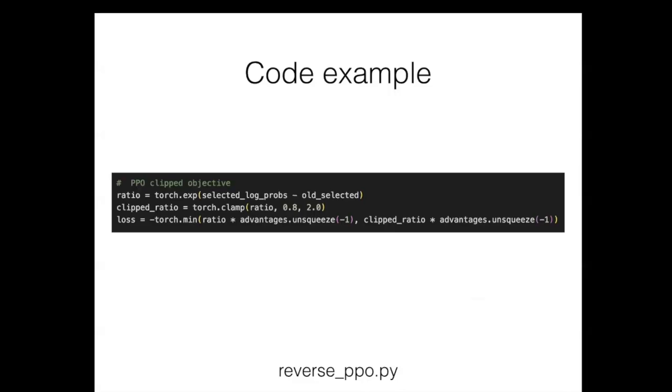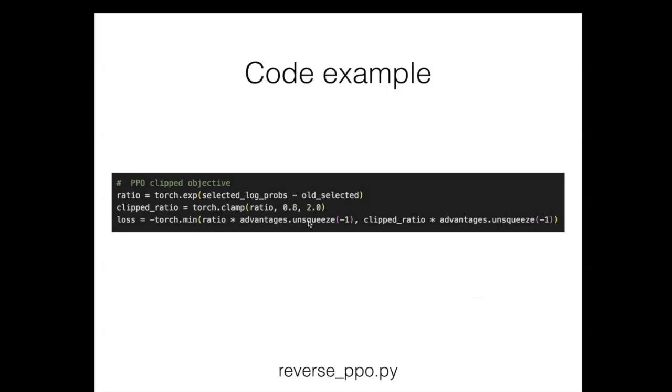Okay, so we do have an implementation of this loss function. Here is the PPO clipping objective, and it's basically implementing what I showed you on the previous slide. It's using log probabilities, so we have this exponential to compute the ratio. And you can notice that with this clipping, there are two different numbers.